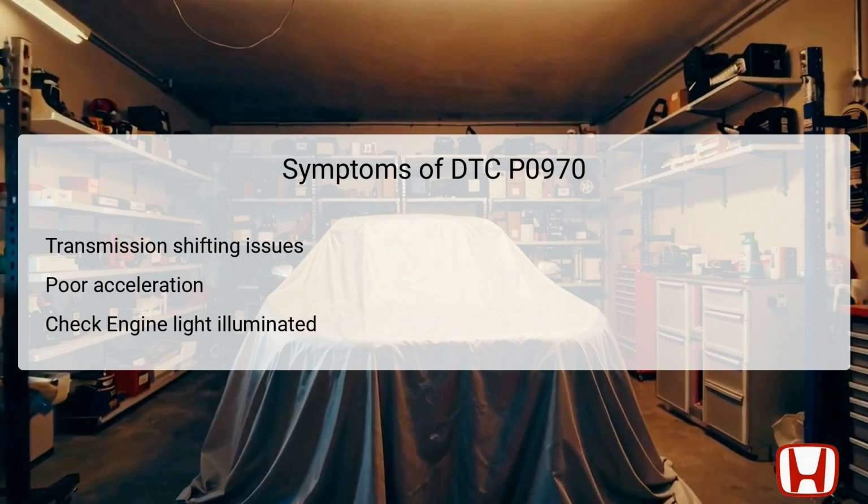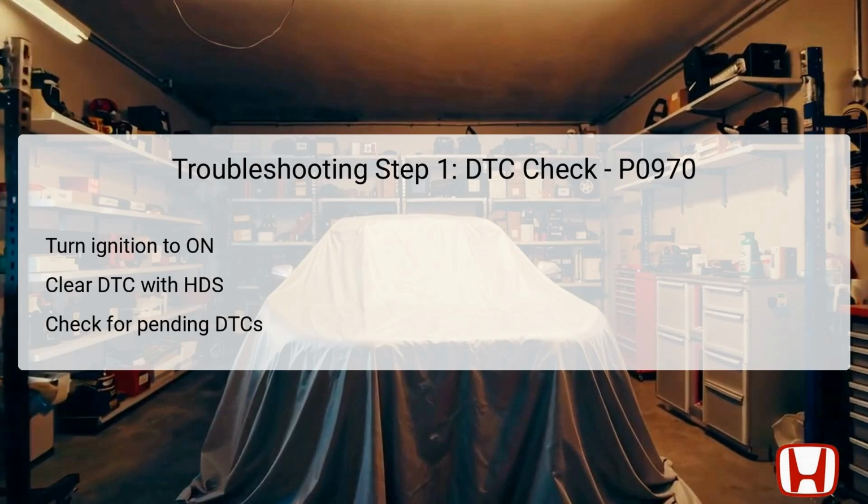Additionally, the check engine light may illuminate on the dashboard, serving as an alert that prompts the need for diagnostic checks. These symptoms reinforce the urgency in troubleshooting the AT clutch pressure control solenoid valve C, facilitating prompt repairs. Neglecting these signs can lead to further complications within the transmission system, resulting in more extensive repairs and higher service costs.